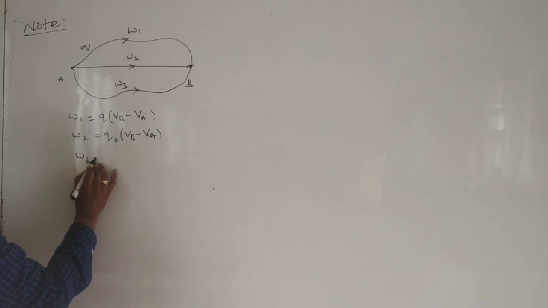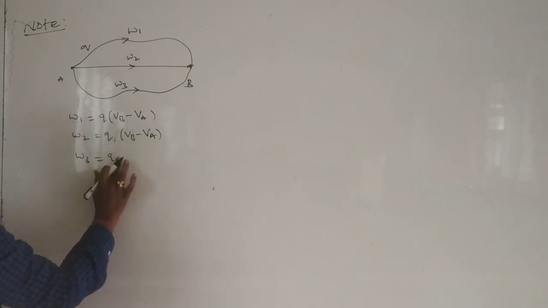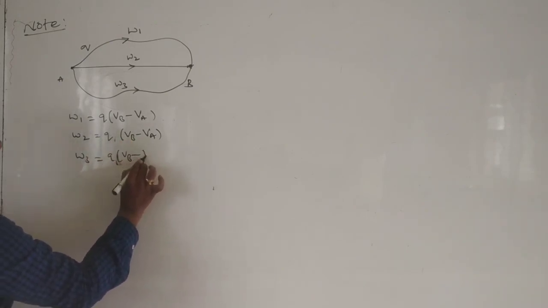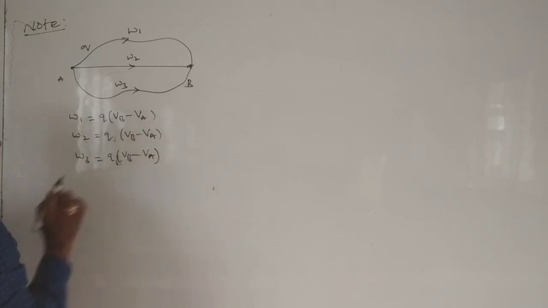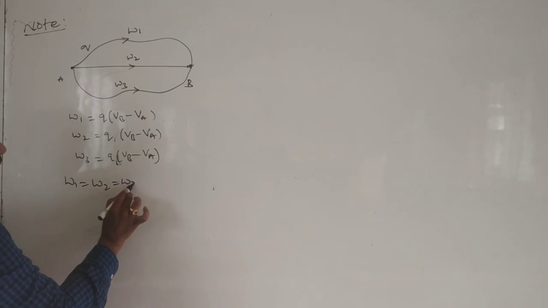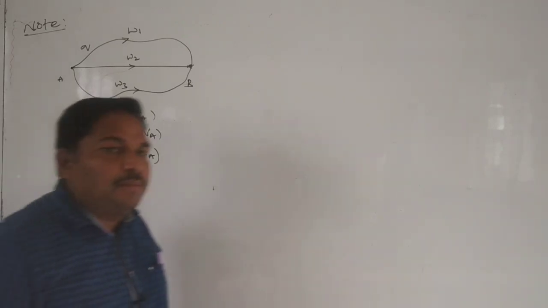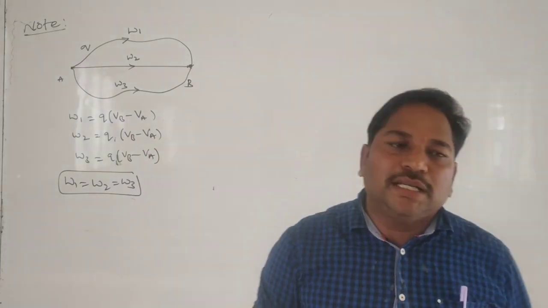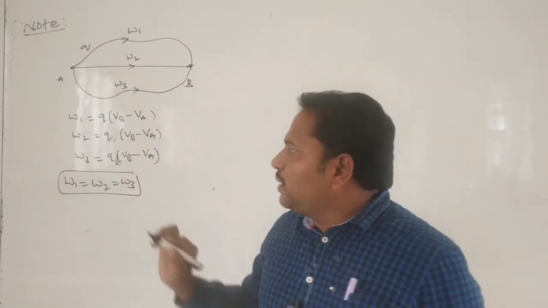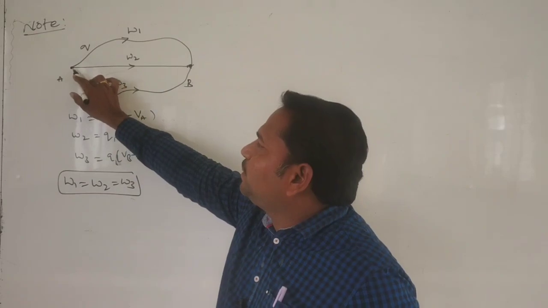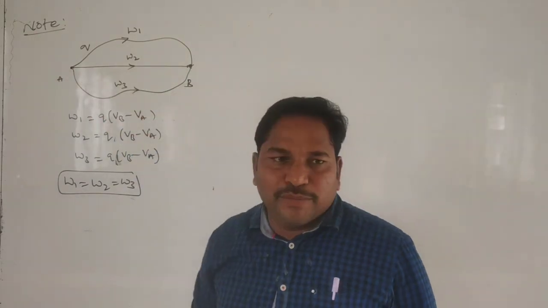The third also Q into VB minus VA. So in all cases the potential difference is the same, so W1 is equal to W2 is equal to W3. This is path independent. Work done depends only upon the initial position and final position of the particle.